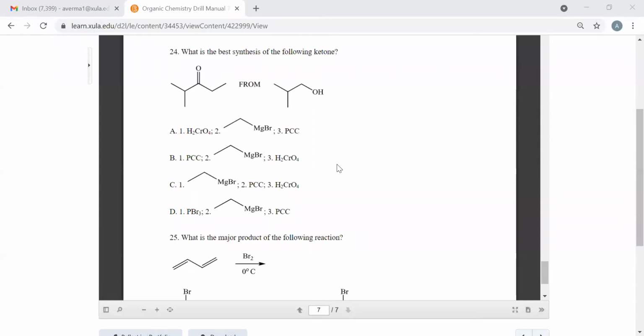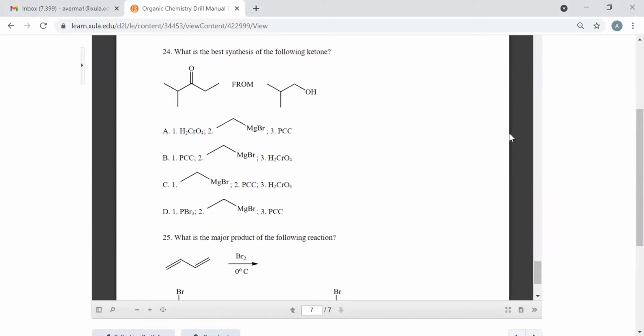Can you all see my screen, or are you still seeing the structure? So if you look at this, if I had used this, what would I get? I would have gotten my carboxylic acid, and I don't want that. So A is out of question.